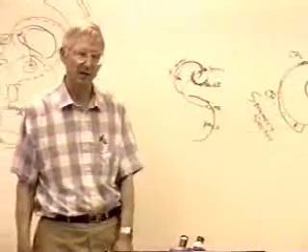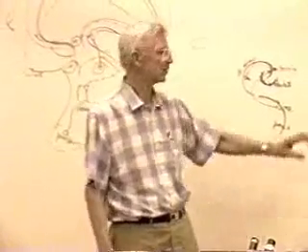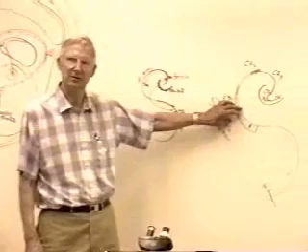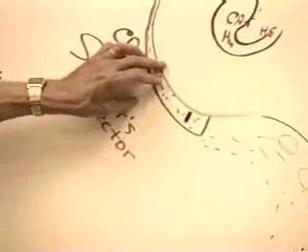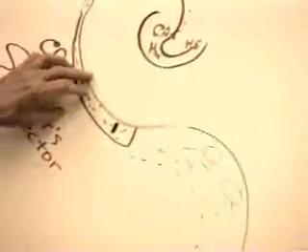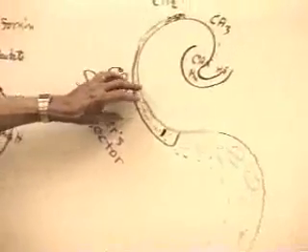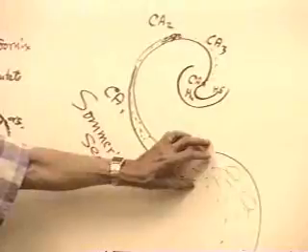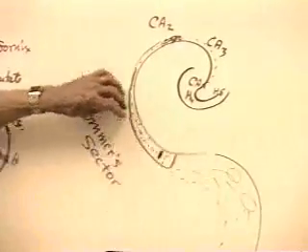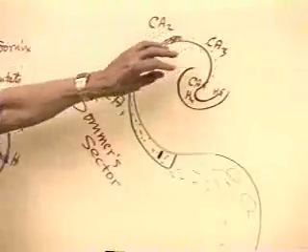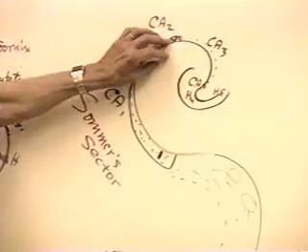Well, CA1 is probably the first or mildest lesion to be recognized. But the lesion can slop over into hippocampal formation or even CA2.